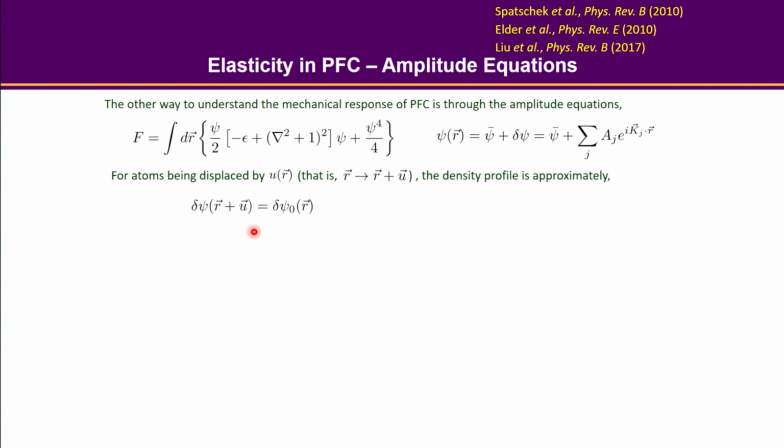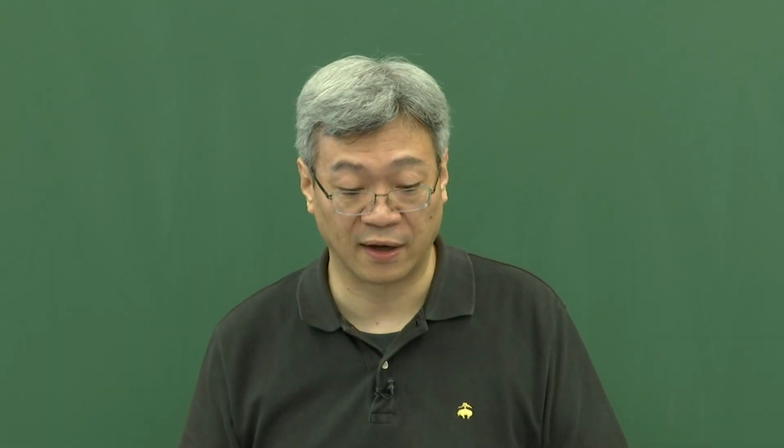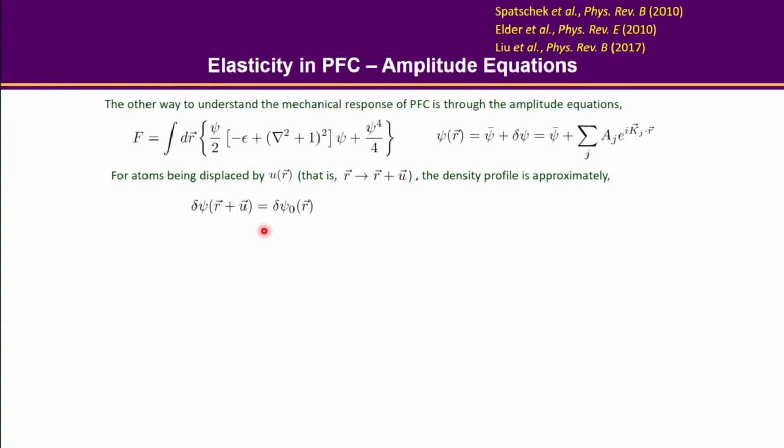That function should look exactly like the one that hasn't been displaced. The shape locally should look like this, right? So I'm just comparing the process where we displace the atom with the one without. And if you look locally, the shape should be the same. At least that's our assumption, saying the deformation will not change the amplitude a lot.